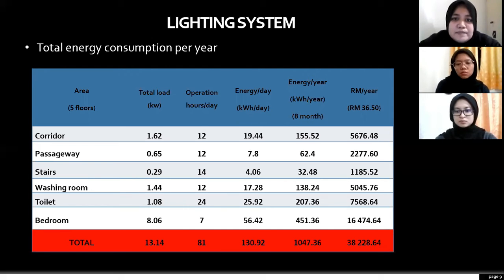And the energy per day, which is kilowatt hour per day, is 130.92 kilowatt hour per day. The energy per year, this year we take only 8 months, the active months during students' stay here, is 1047.36 kilowatt hour per year. And the overall electricity cost is 38,228.64 ringgit.